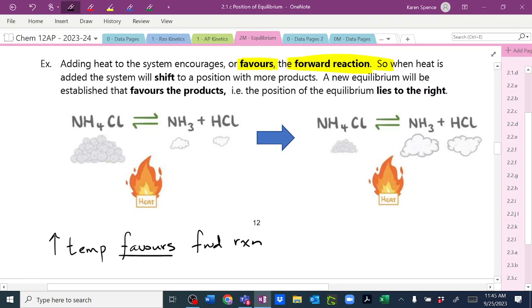Now, in this case, this is not always true. An increase in temperature favors the forward reaction. That means, what do you think that means? That means that the forward rate is going faster than the reverse rate.